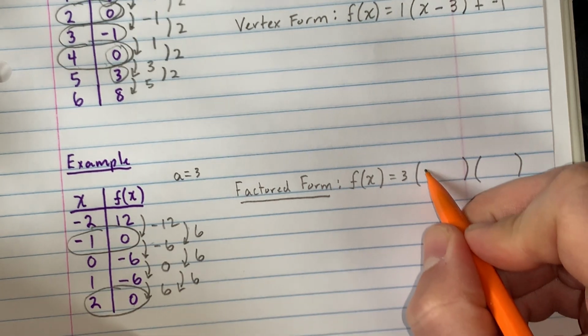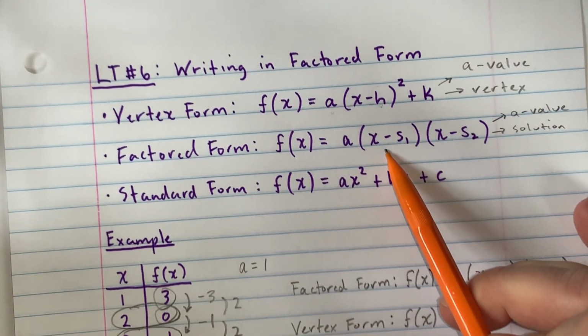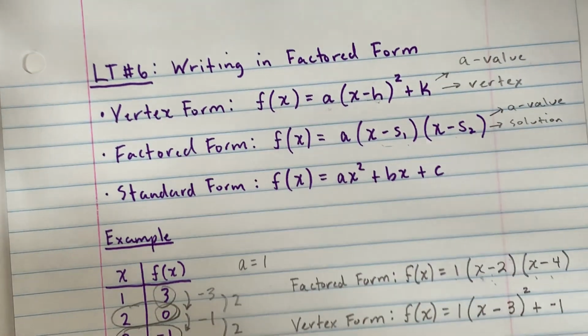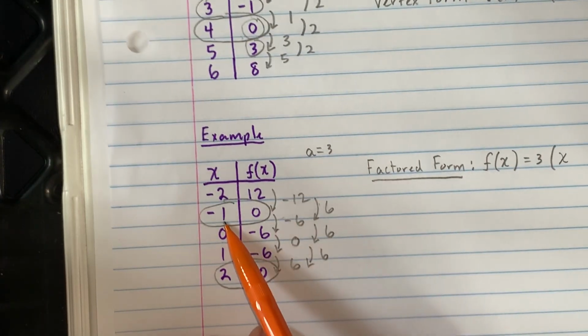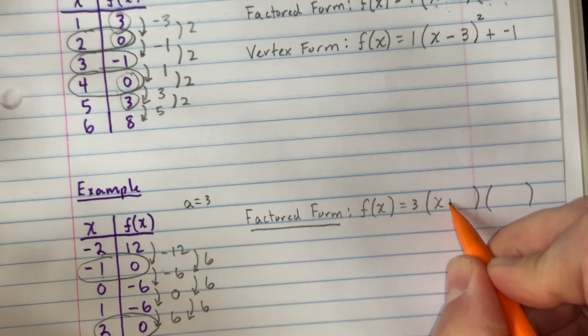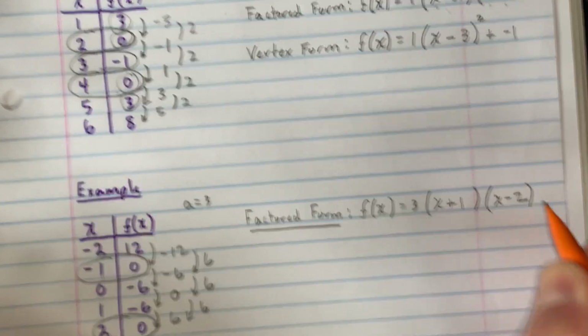So remember, the generic form is x minus S1 and x minus S2. Since our solutions in this case are -1 and +2, this would be +1, and this would be subtract 2.